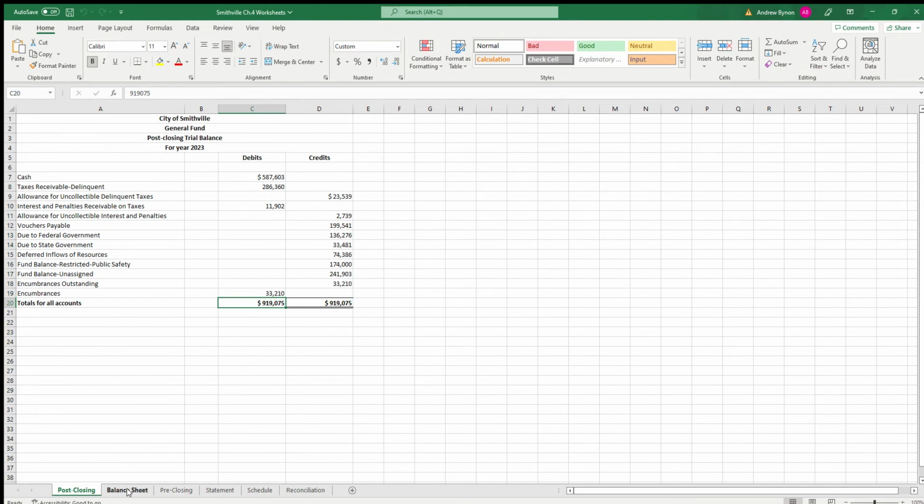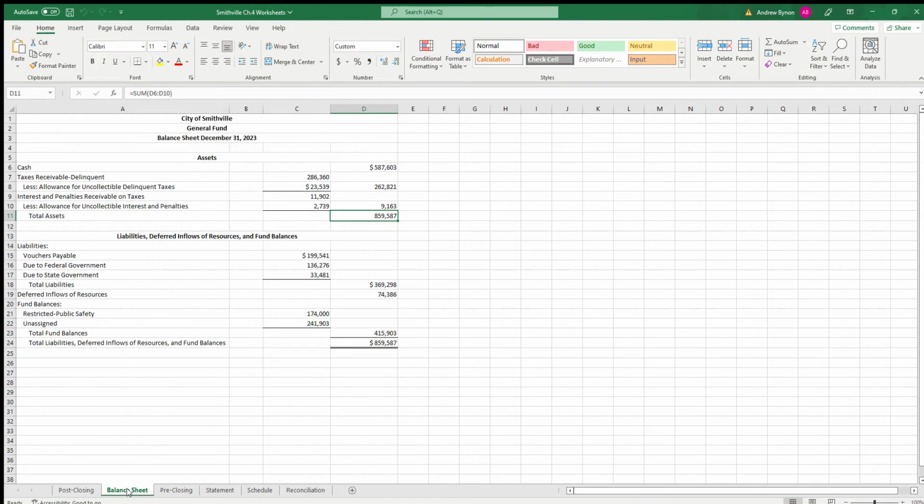Moving on, from this we get our balance sheet. So here we make sure our assets are equal to our liabilities and equity. So we have our cash, our taxes and interest and penalties receivable, less the amounts that have been uncollectible, or at least we're allowing to be.